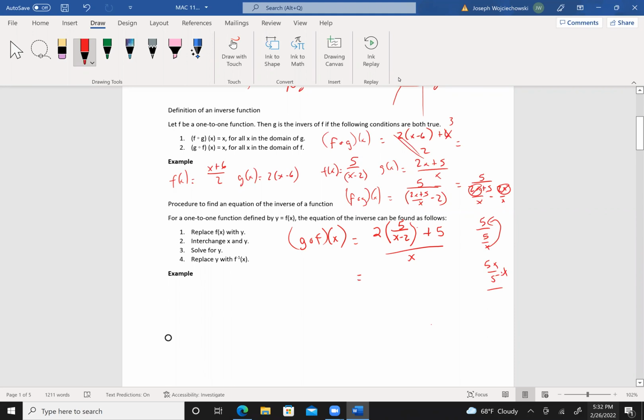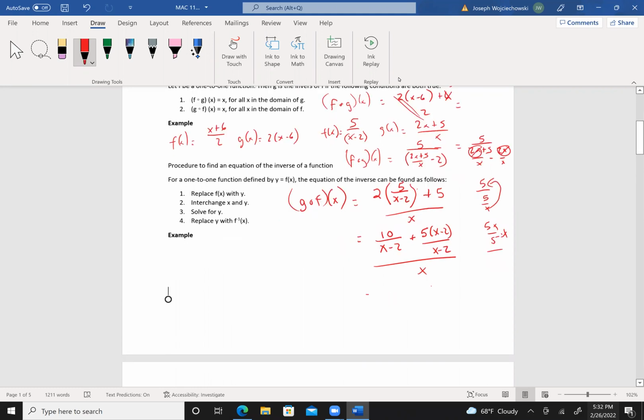So here I have 10 over x minus 2 plus 5 times x minus 2 over x minus 2, and this is all over x. So what do I have here? I have 10 plus 5x minus 10 over x minus 2 all over x.